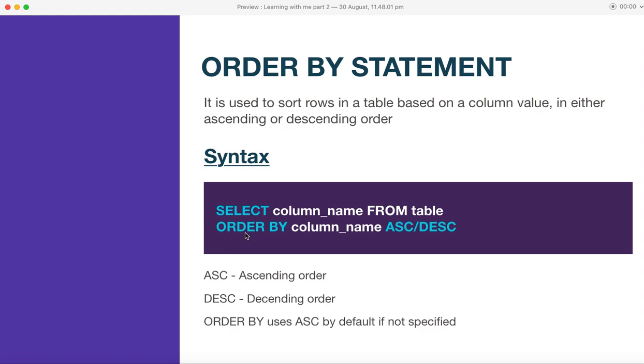You specify order by column name, and then what the order should be, whether ascending to descending or descending to ascending. Over here you provide ASC or DESC. ASC stands for ascending order, DESC represents descending order.